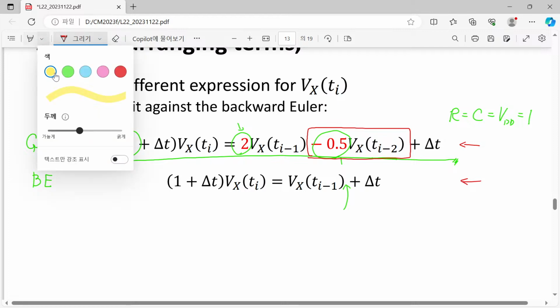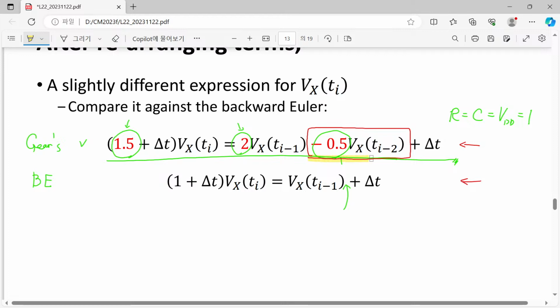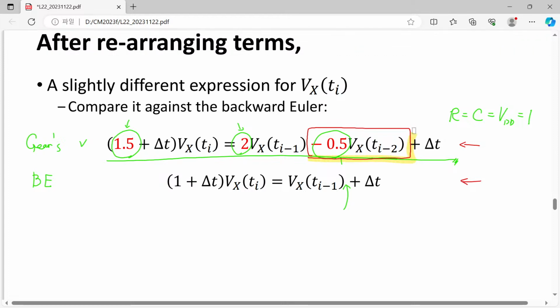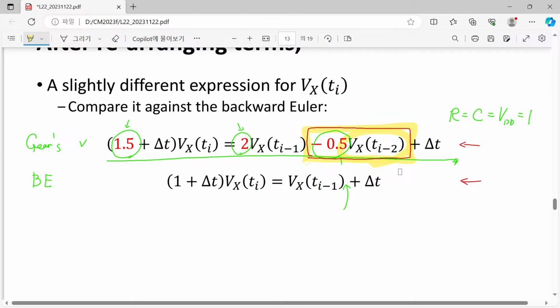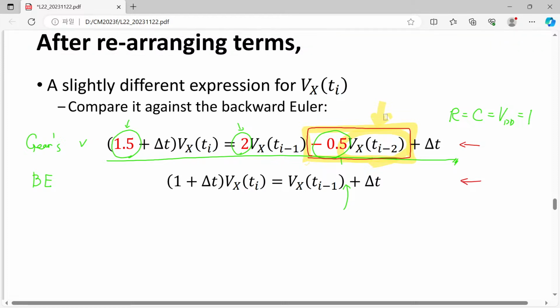For example, we must introduce this past value. Simply speaking, your previous solution should be in your computer memory. So it requires additional memory for your simulator.